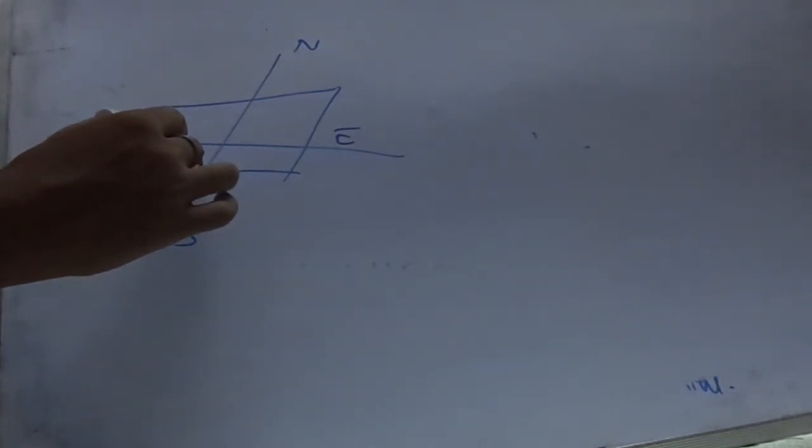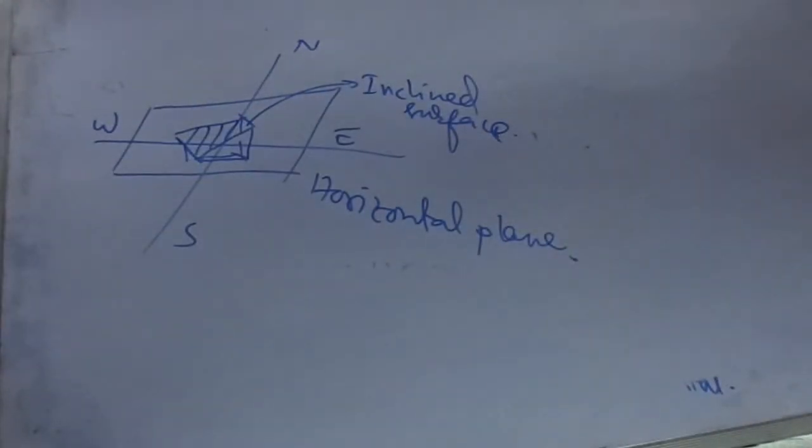If you draw the prismatic bar, this is the inclined surface and the horizontal plane. This angle is beta.